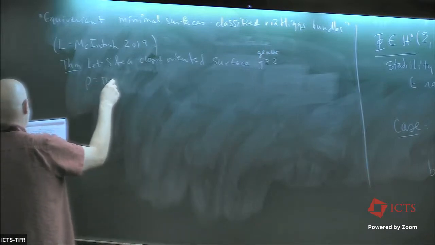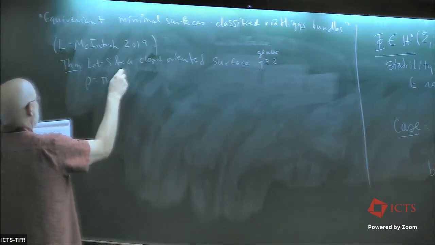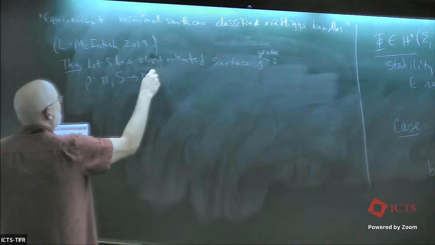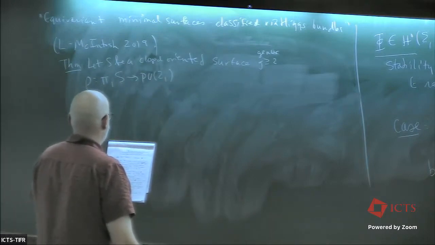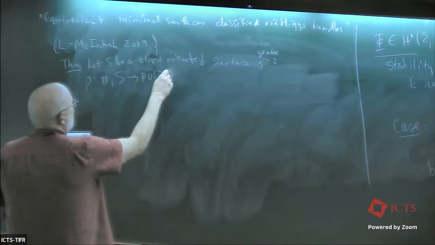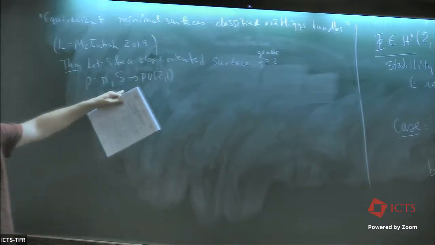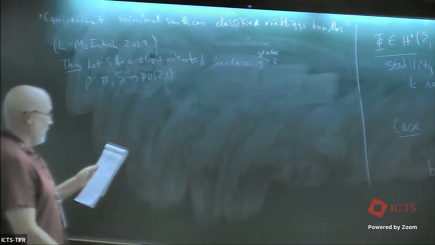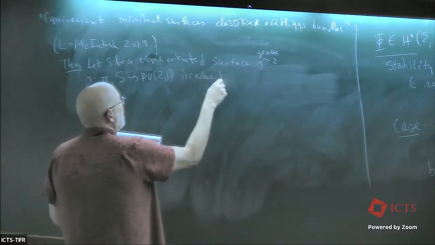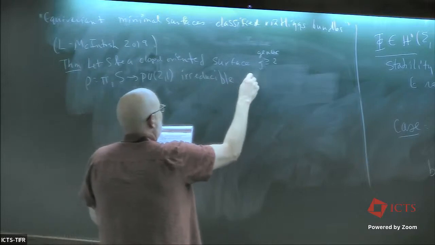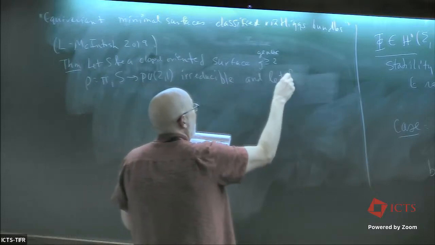Rho is going to be a PU(2,1), so this is a Lie group, which I'll explain. Rho is going to go from pi_1 of S, and this one is going to be irreducible.